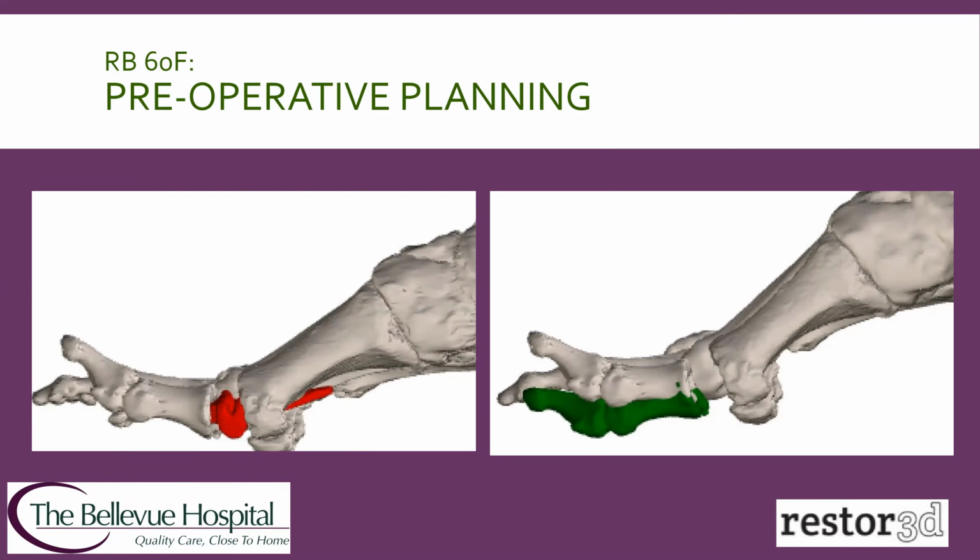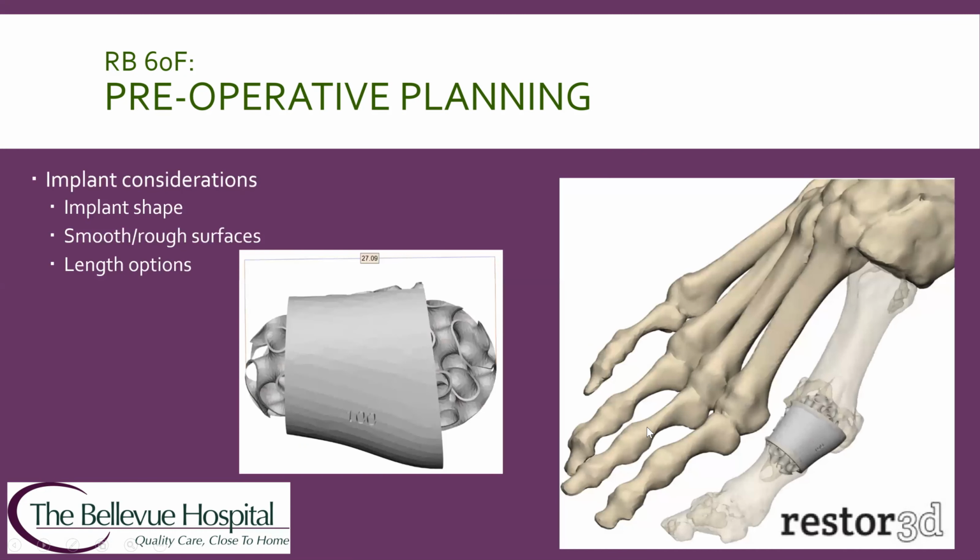So in preoperative planning, you see not only where this implant is sticking out plantarly, but also the large deficit. This pale white color is where her toe is clinically, and this is where we need it to be. That helps the engineers formulate the size and shape of the implant. Now, I've done several of these, many of them different ways.